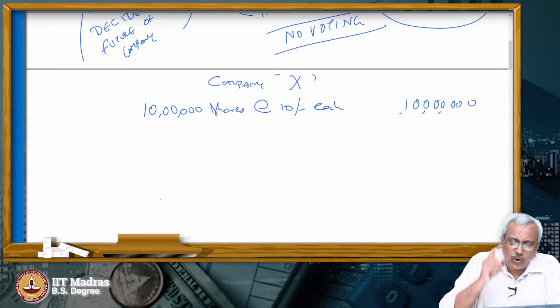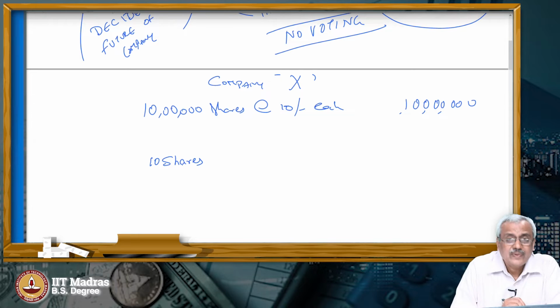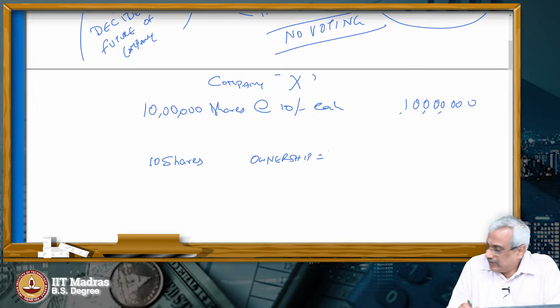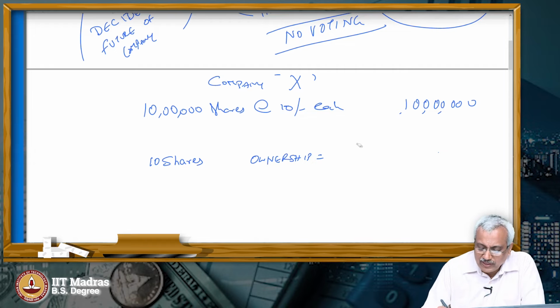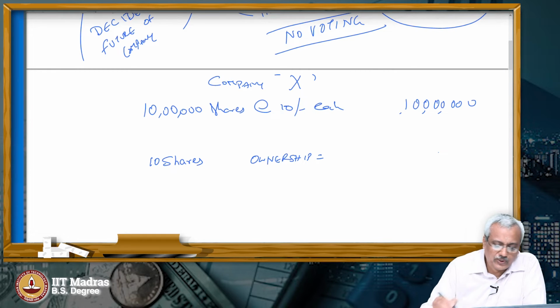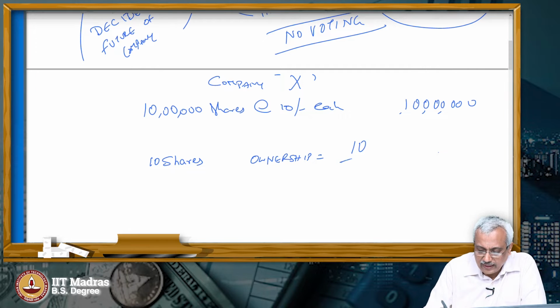Now, you own 10 shares in this particular company. Then what is your ownership? Your ownership will be equal to 10 divided by 10 lakh shares out there.